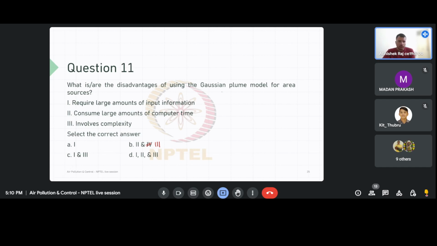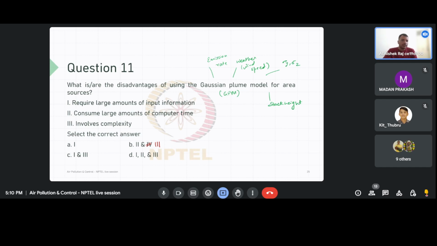So once we use GPM models, we need a lot of data. We need data on emission rates. We need data on weather: wind speed, ambient temperatures. We will need data on sigma y, sigma z, the standard deviations, emission rates, and stack heights.